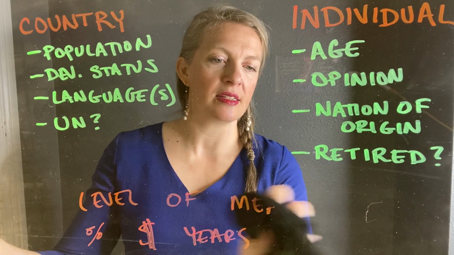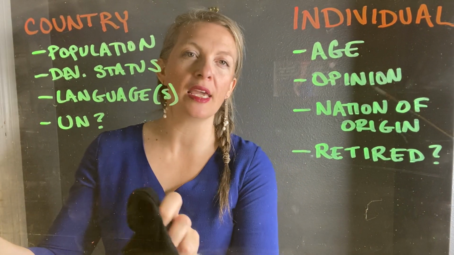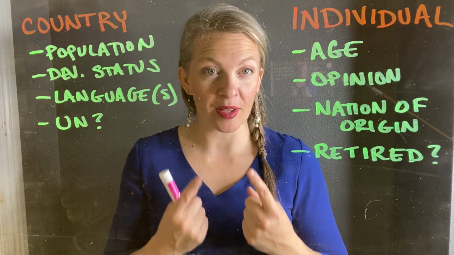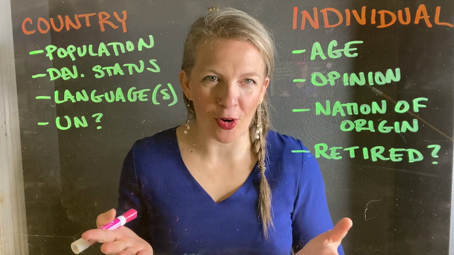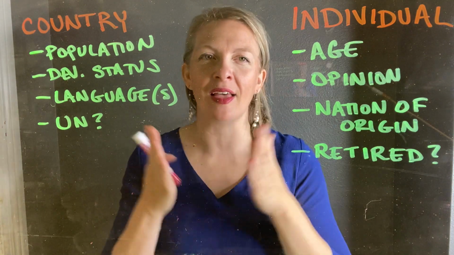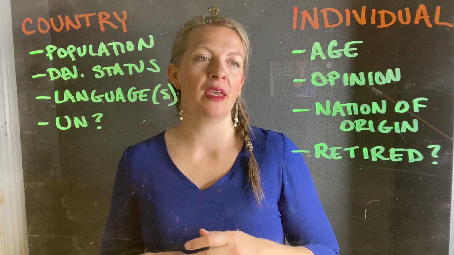The second level of measurement is ordinal data. Just like interval data, ordinal data has more than one possible category. You have to have more than one possible category or it's not a variable at all, right? And all the things we're talking about are variables. So all of them have to have at least 2 categories, ideally more than that.